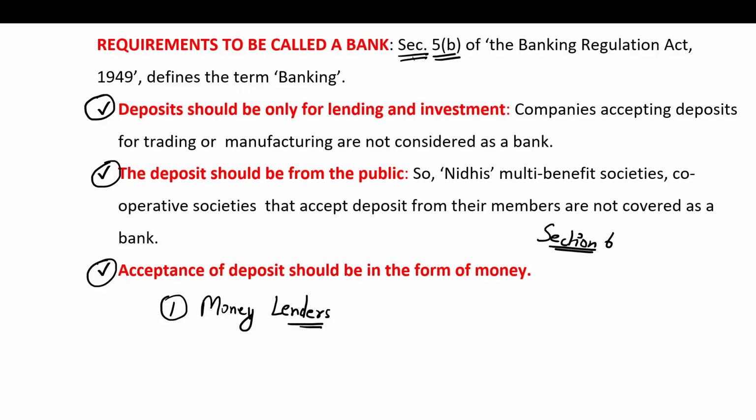Like collecting cheques and bills, safe custody of valuables, issuing drafts, letters of credit, foreign exchange services, or providing safe deposit services. Modern services are also provided by banks. Say wealth management services, banks do sell mutual funds, right? Insurance, tax payments, stamp duty, stock market services, factoring services, venture capital funding. So these are some of the modern services which banks provide.